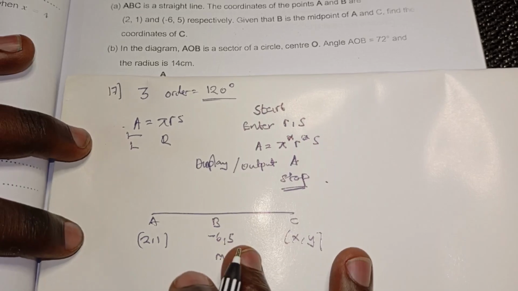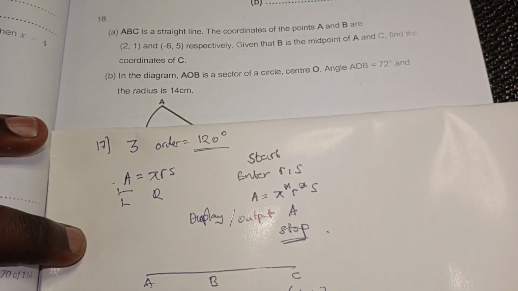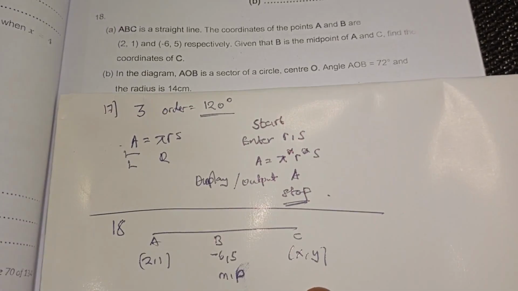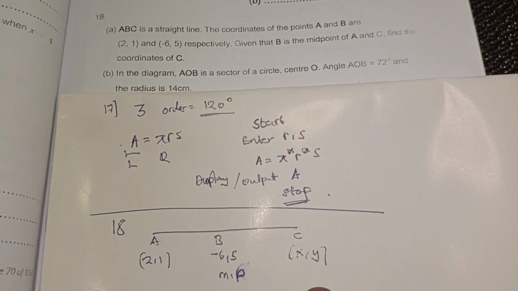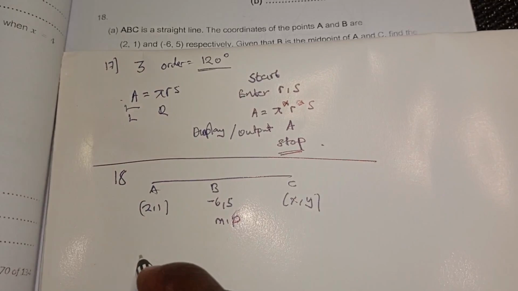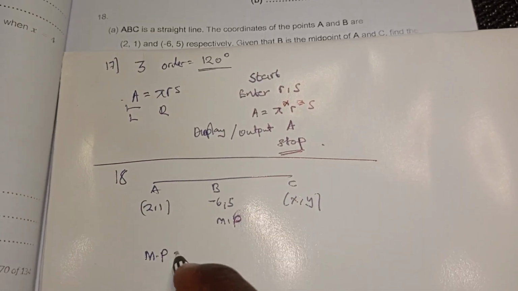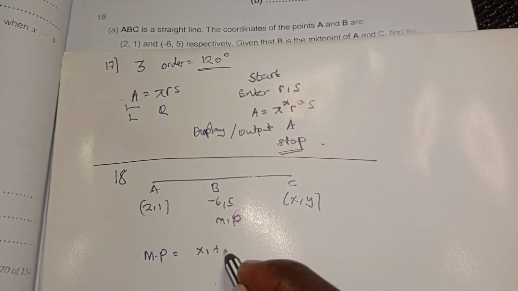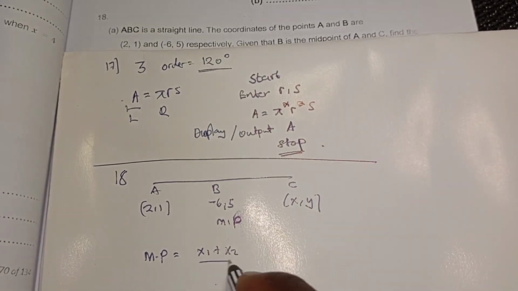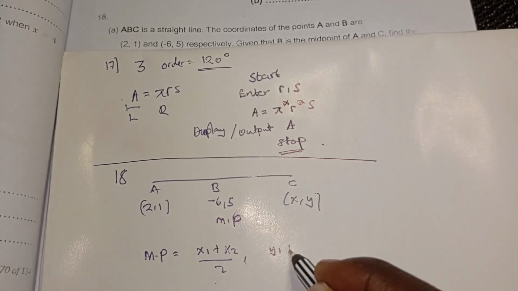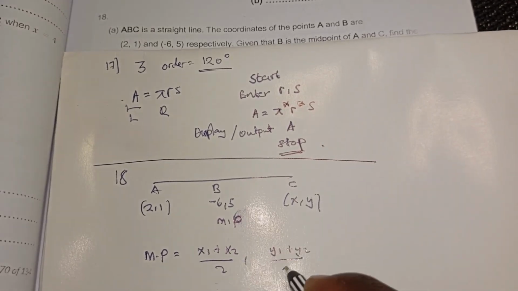Okay, we're doing question 18. So B is the midpoint. The question says find the coordinates of C. So we're going to write the formula for midpoint. Midpoint is equal to x1 plus x2 over 2, comma, y1 plus y2 over 2.